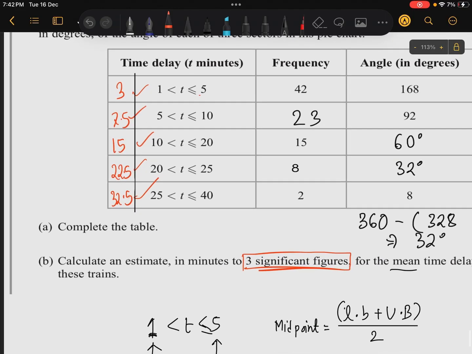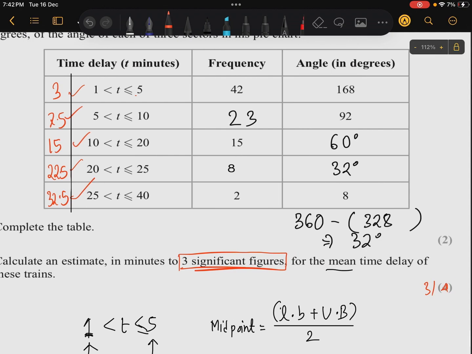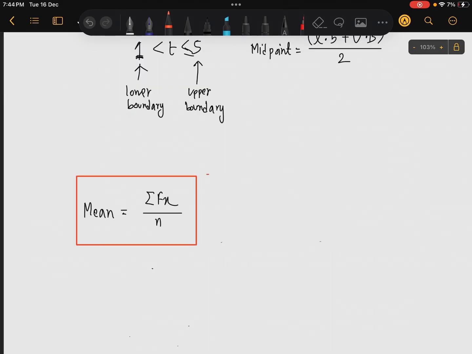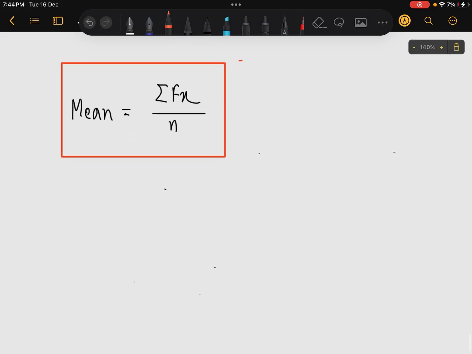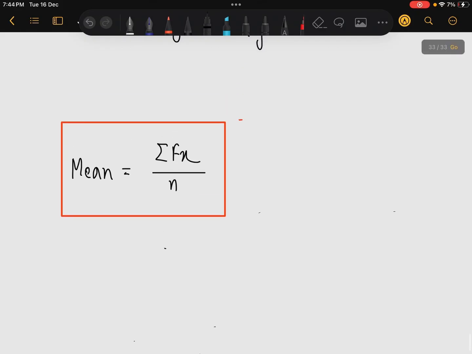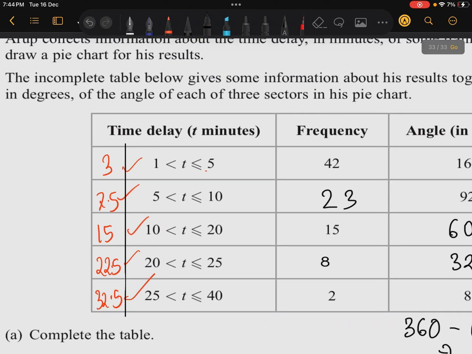All right, now let's use all these calculated values, the midpoints and the frequencies, to calculate the mean time delay. So now to calculate the mean, we will use this formula. Mean is equal to the sum of fx divided by n. The sum of fx is whatever midpoint we have calculated for each of the classes, multiplied by their corresponding frequency, and we simply add them up.